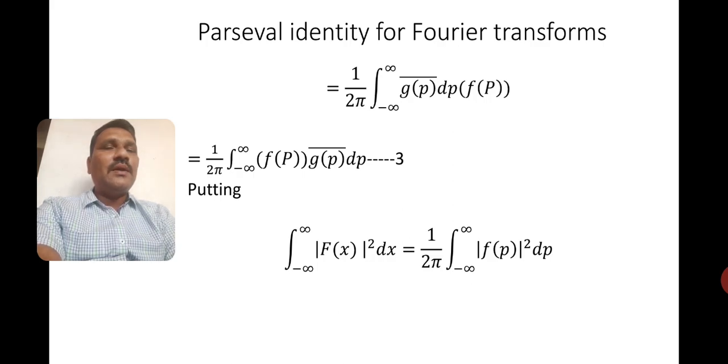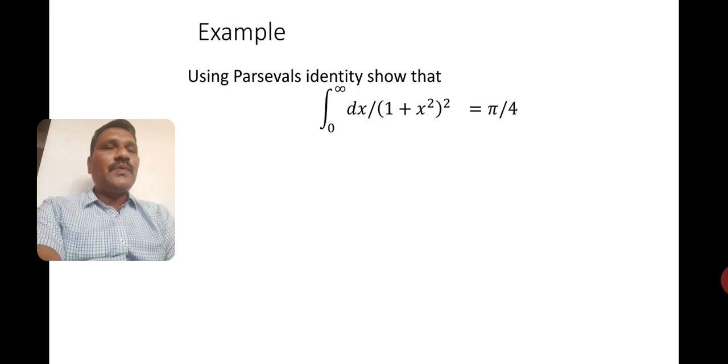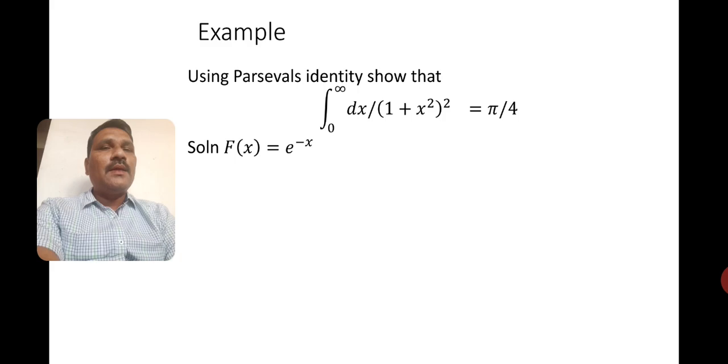So what you will get: integral minus infinity to plus infinity capital F of x whole square dx is equal to half into integral of f of p square. So using this formula, the Parseval identity, let me try to do some problem over here.